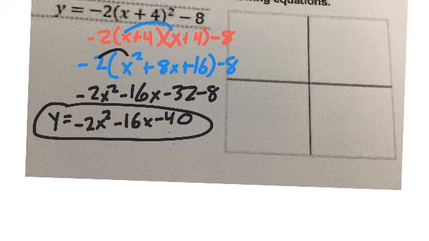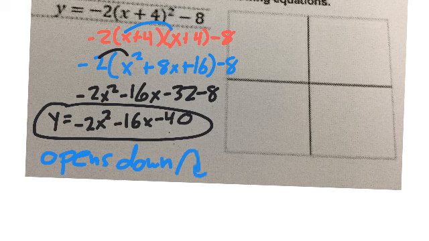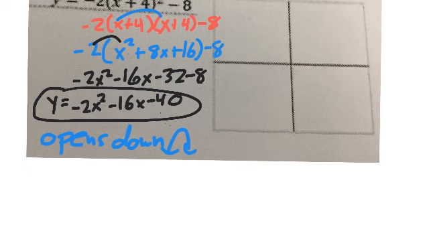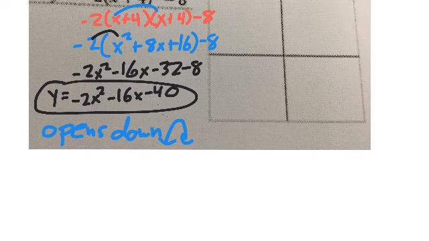Okay, so when I look at this, the first thing I want to identify is does my graph open up or down? My leading coefficient is negative 2, just like it was originally, negative 2. So I know that this graph is going to open down. So it's going to look like this. The next thing I would want to identify is my axis of symmetry.